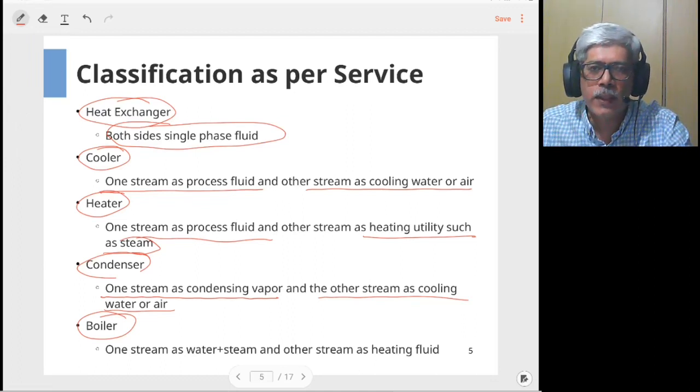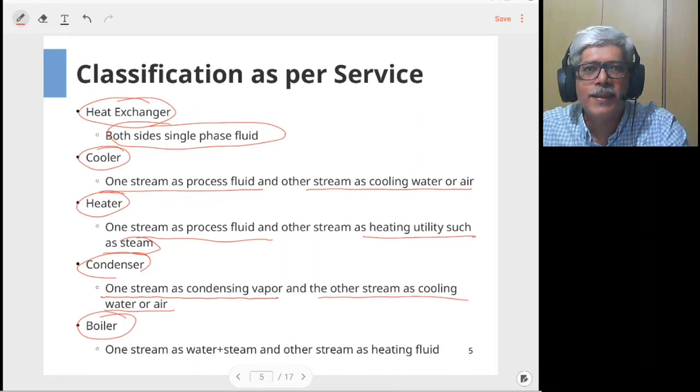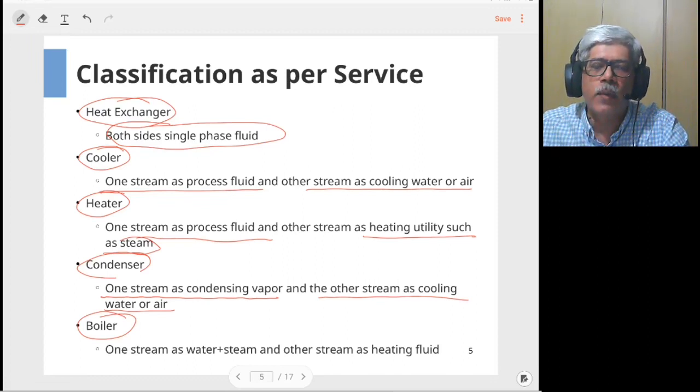So it's a two-phase mixture on one side and it could be more complex to handle from thermal design point of view. Of course, our focus in this particular discussion is only mechanical design. From mechanical design point of view also, these condensers as well as boilers provide special considerations because of the phase change which is occurring there.